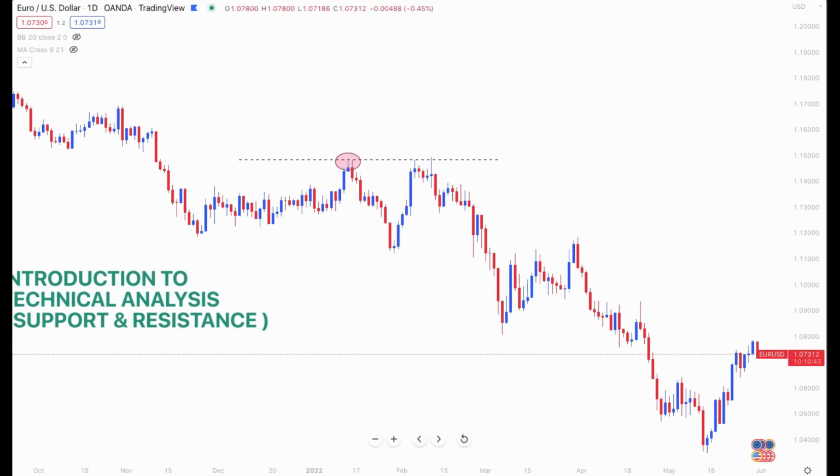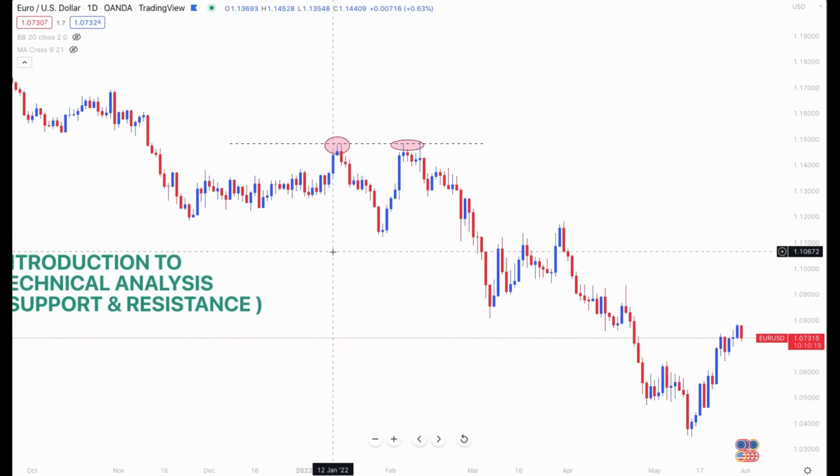Well, what can we see happened? It did. It respected this zone of resistance, and twice it came up and bounced off that exact zone and came down again. Now this is what technical analysis is, trying to spot patterns or things on a chart and seeing if they will happen again in the future.